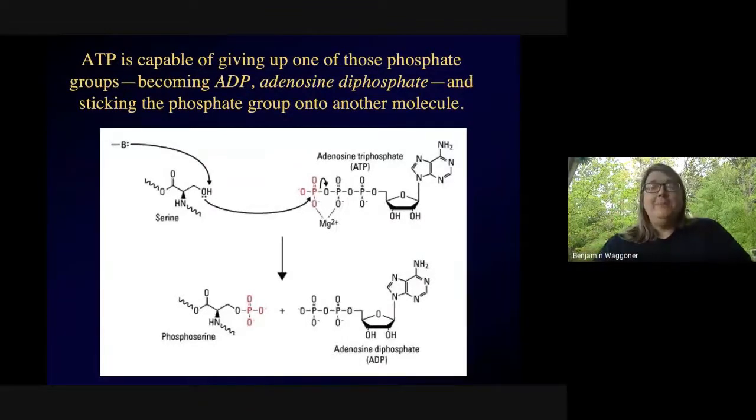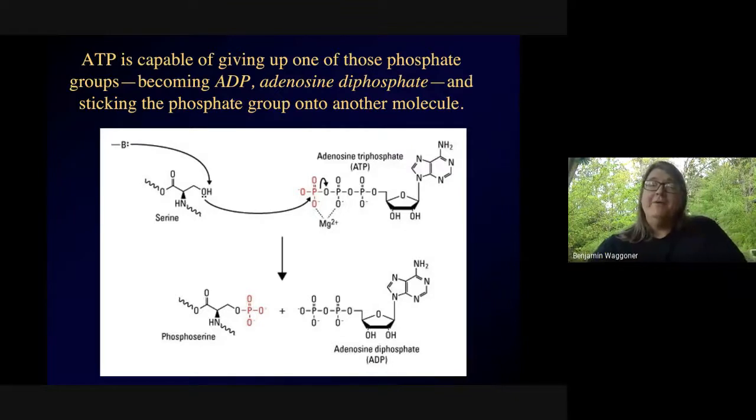And what ATP can do is give up one of those phosphate groups. It's shaded here in pink. At the top you can see there's a phosphate group that is stuck to an ATP. Incidentally, you don't really need to know this, but ATP tends to form these weak bonds with magnesium atoms, but don't worry about that here.